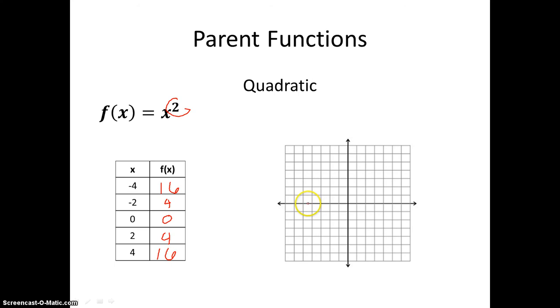We're going to be way up here somewhere. At negative 2, 4. Something like that. So what we get is this kind of, it's supposed to be a little bit more of a U shape.